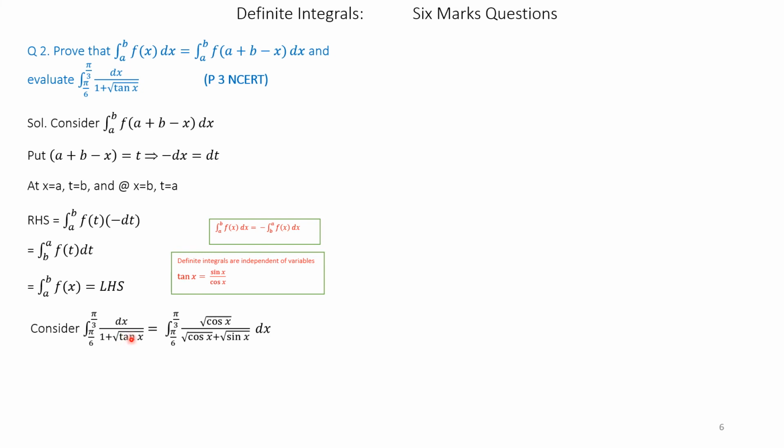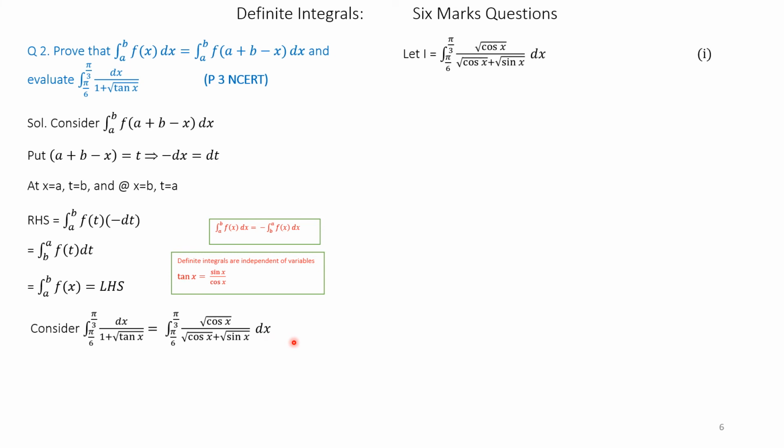That is tan x is equal to sin x by cos x. If you put tan x is equal to sin x by cos x and simplify, we will get the right hand side. This becomes integral pi by 6 to pi by 3 of square root of cos x divided by square root of cos x plus square root of sin x dx.